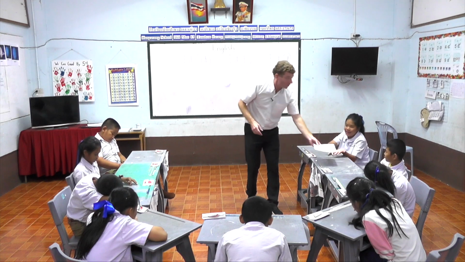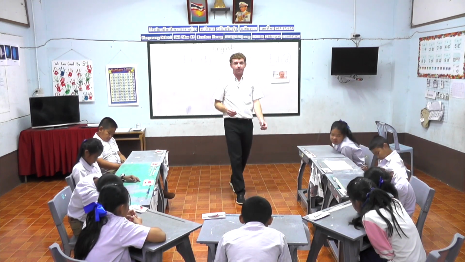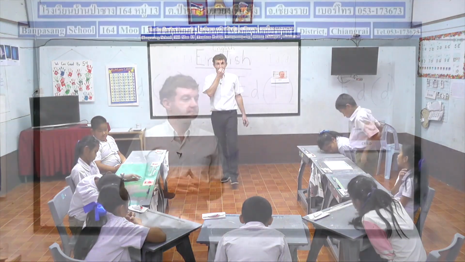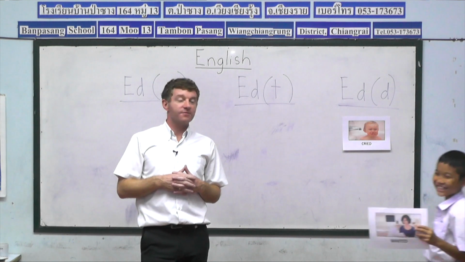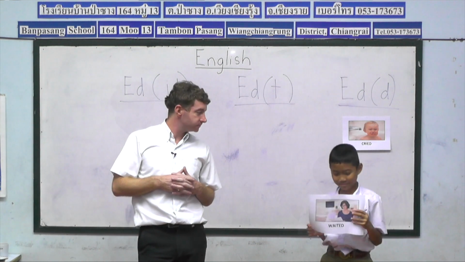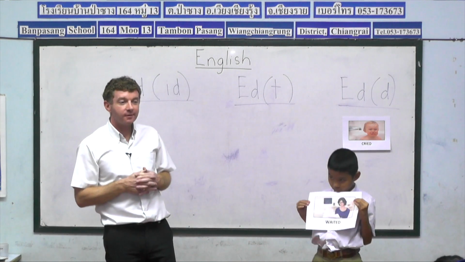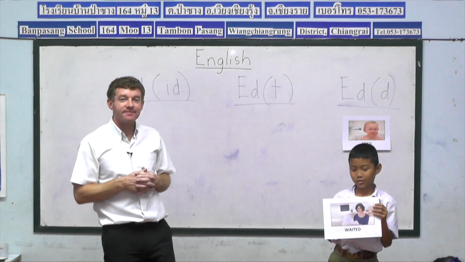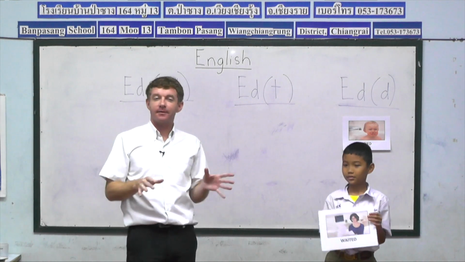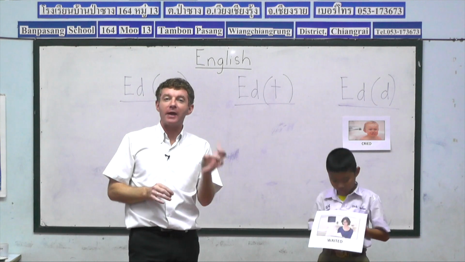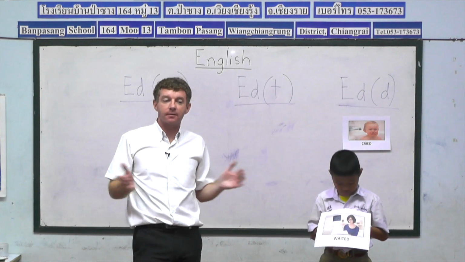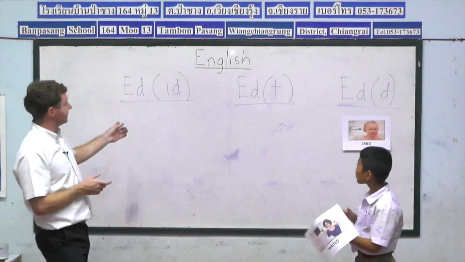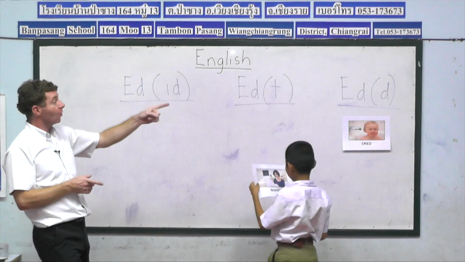And the next flashcard is with Bangbon. Bangbon, come and join me at the front. Okay, so what word is on your flashcard, Bangbon? Can we help Bangbon? Waited. Waited. So that final sound, waited. What do we think? Is it ID, T, or D?